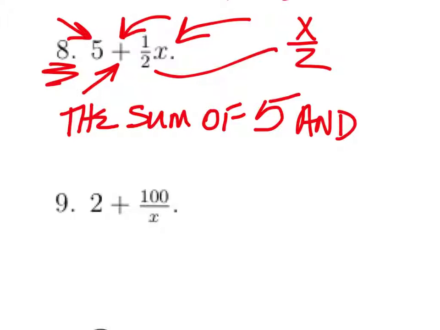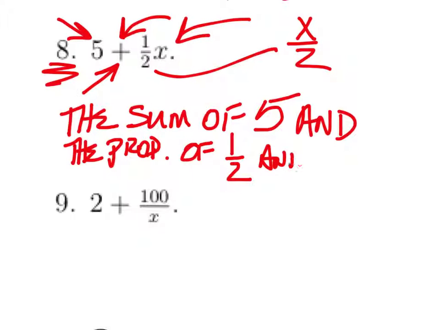Or you could just say the sum of 5 and the product, abbreviate, of 1/2 and a number x. There is no one right way to do some of these. Some of these have multiple ways you could write them out.